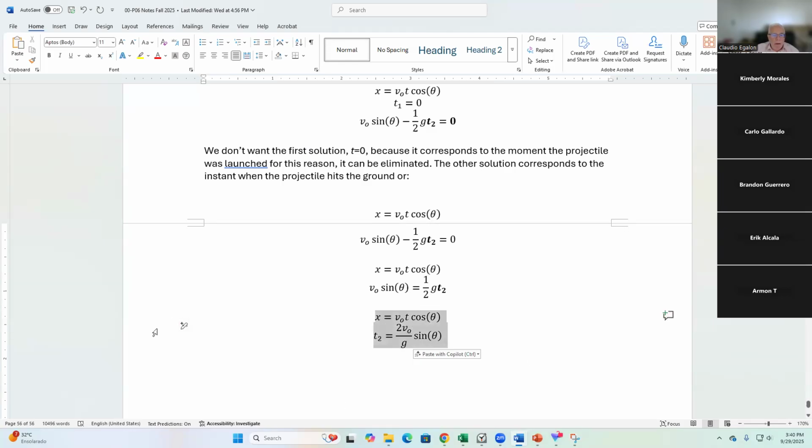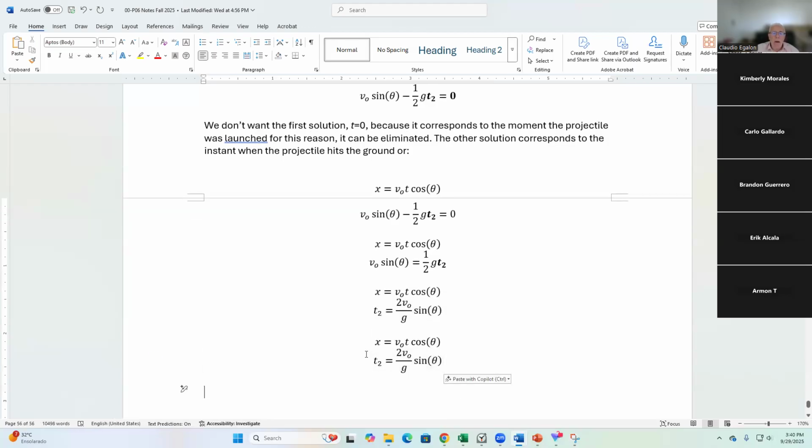And now that we solve for how long the projectile stays airborne, we can state that X is going to be equal to the range of the projectile whenever T is equal to T2, right? And now we can continue our solution here.